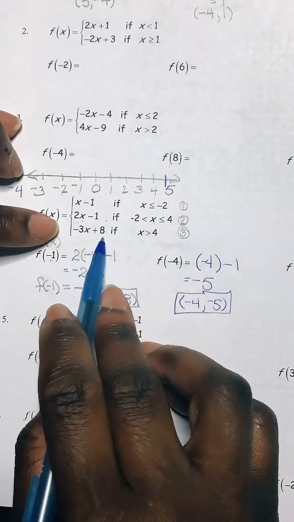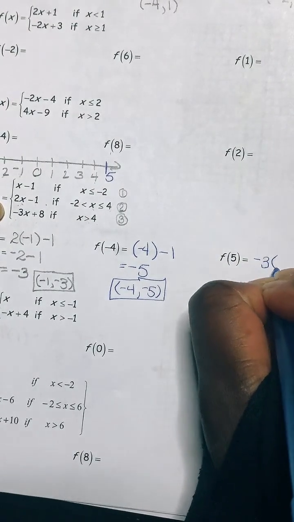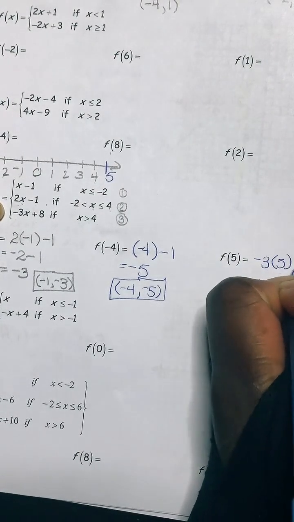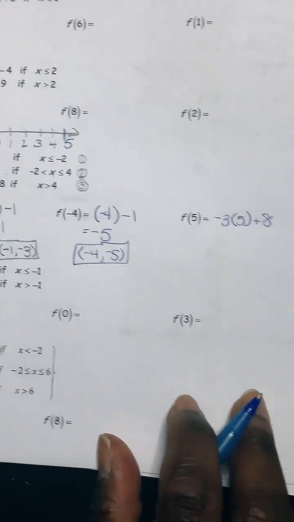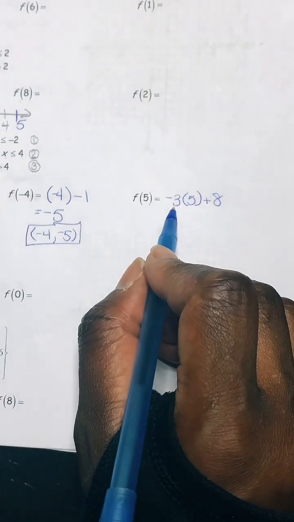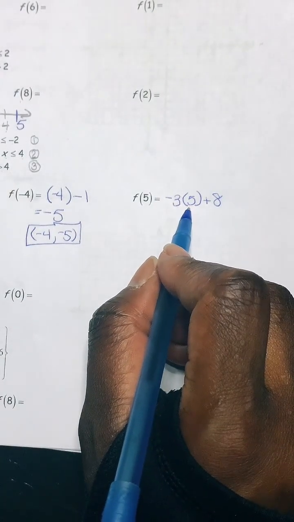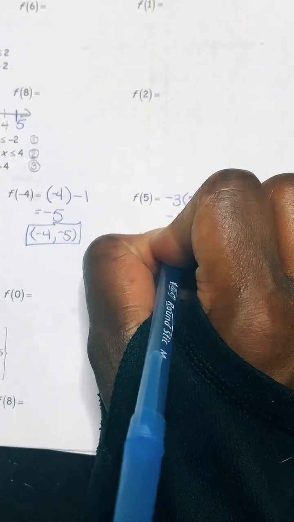So then I'm looking at the expression. So I'm coming over here. So I have -3 times 5 plus 8. Okay. So I am trying, let me slide that over. So I substitute the 5 for the x. So -3 times 5, that gives me -15.